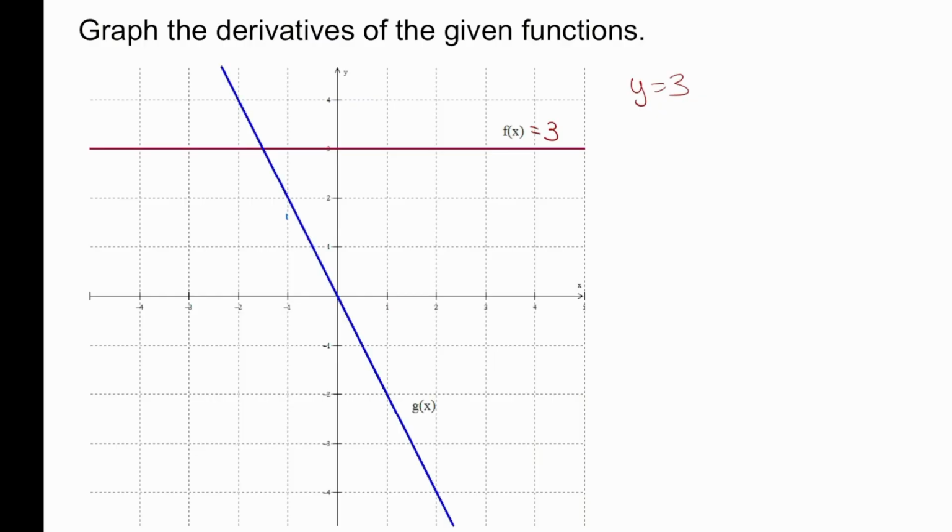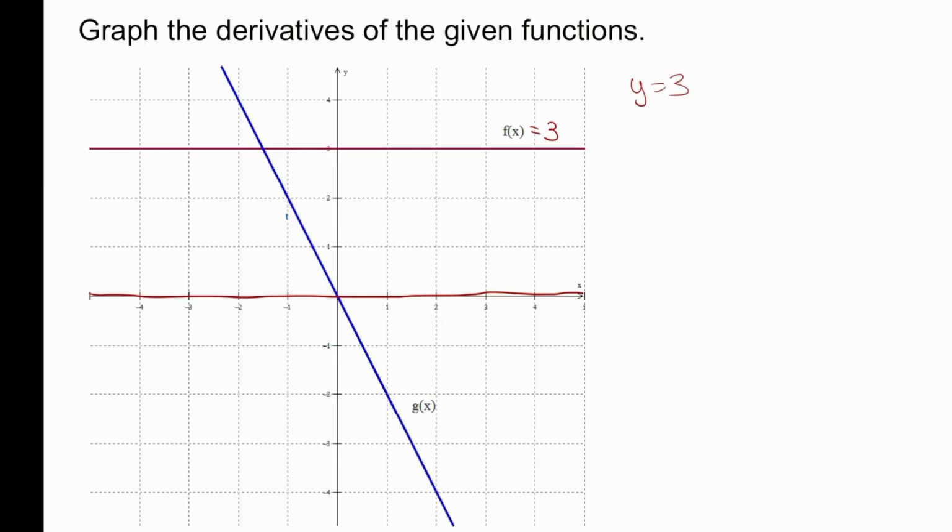And we would draw our tangent line right along the x-axis because our slope is 0 for every point along that function. The blue line, g of x, is another function. We can see that it's linear, so to determine the equation, we need the slope and the y-intercept.